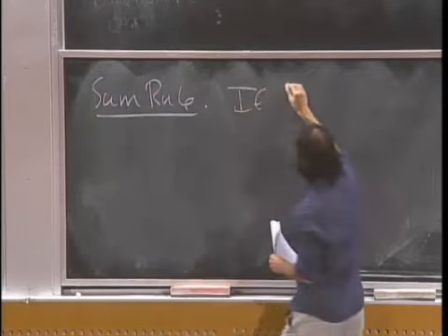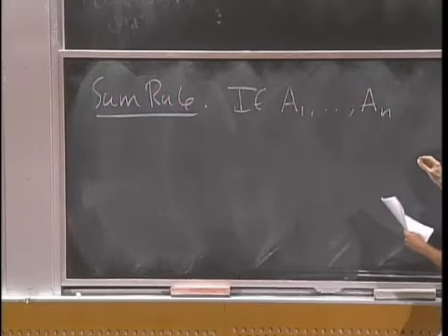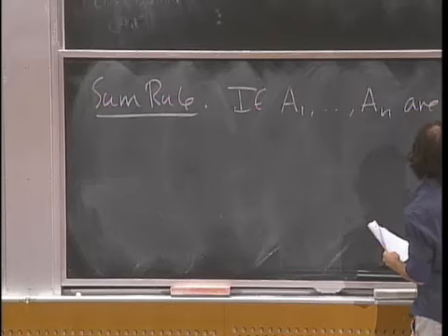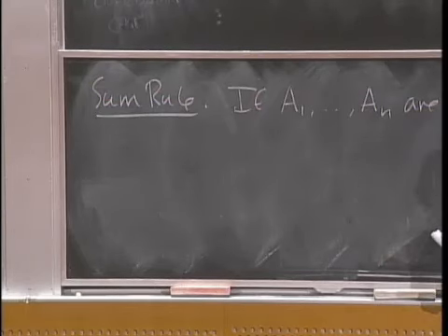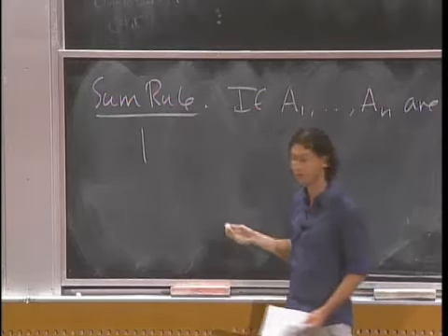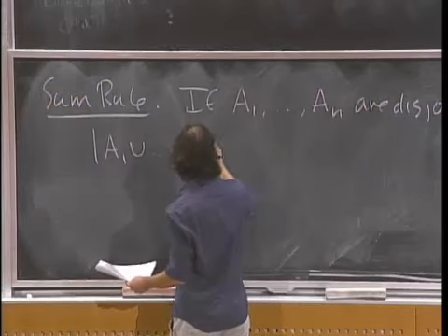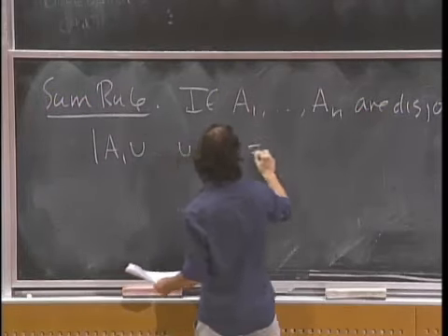If the sets A1 up to AN are all disjoint, then we know that if I try to count the union of all those sets, it's going to be the sum of the separate cardinalities.